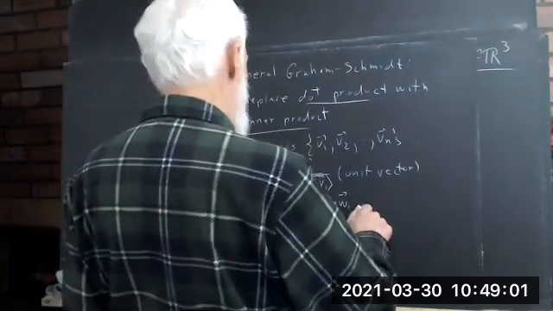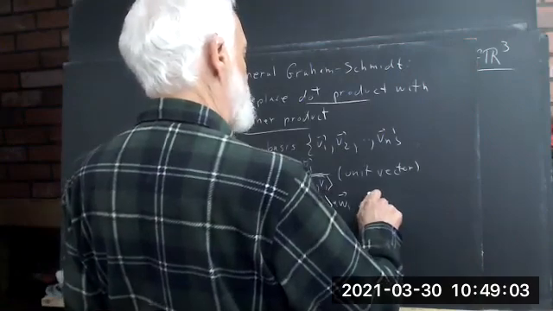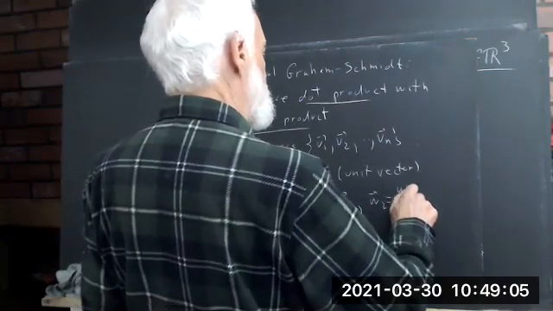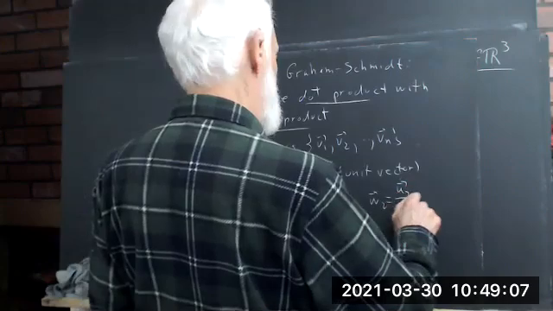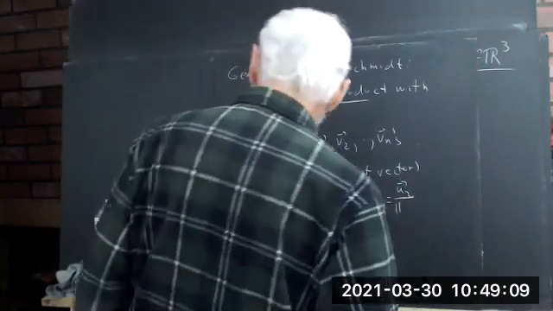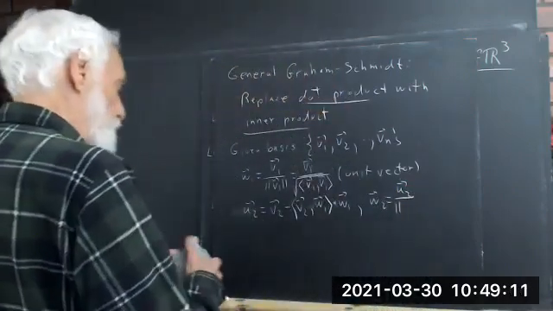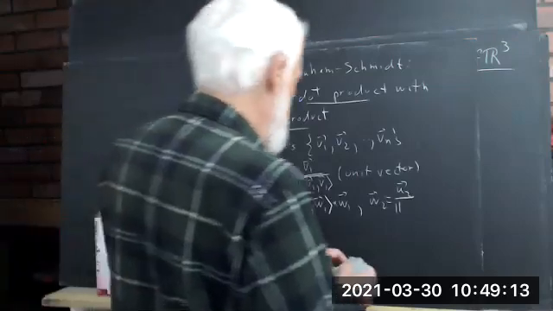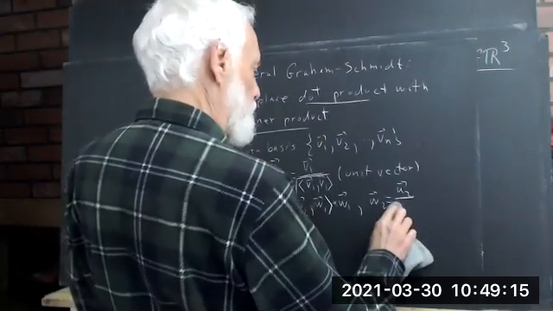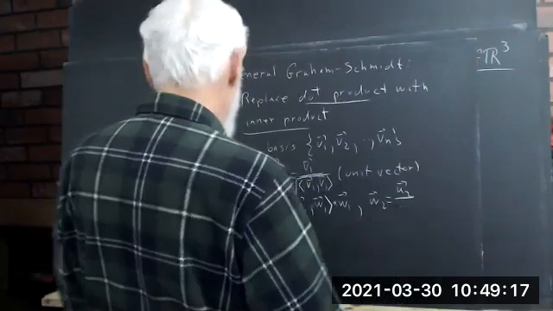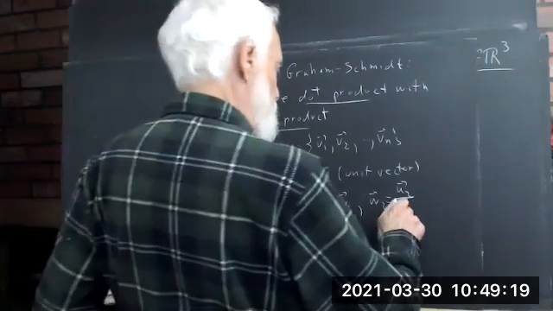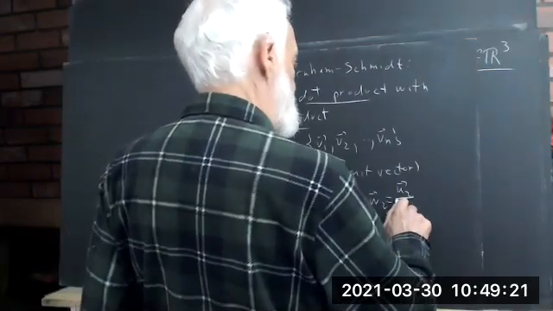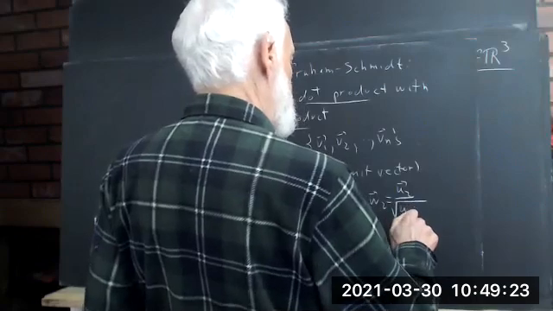And then let W2 equal U2 over, I keep wanting to write magnitude, and I could, because the magnitude is defined to be the square root of the inner product of U2 with itself, but I'm going to write it out explicitly.